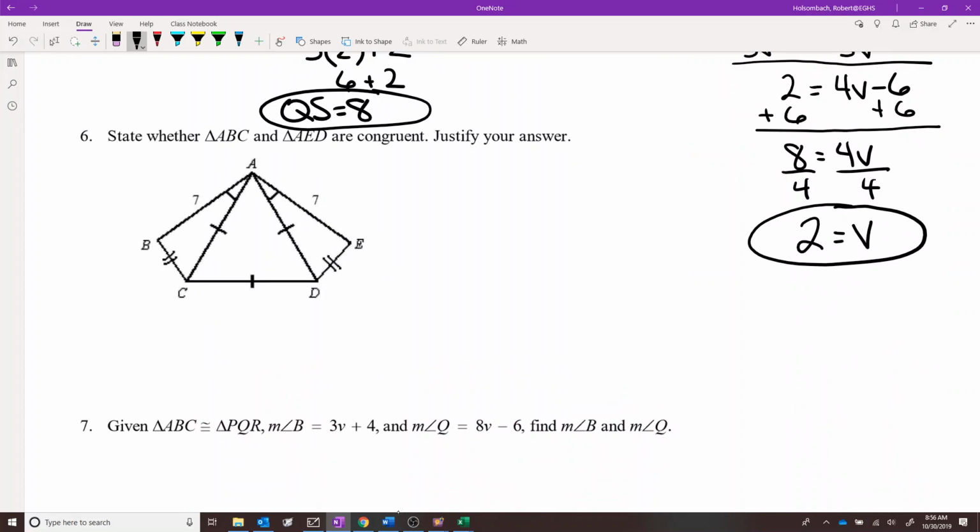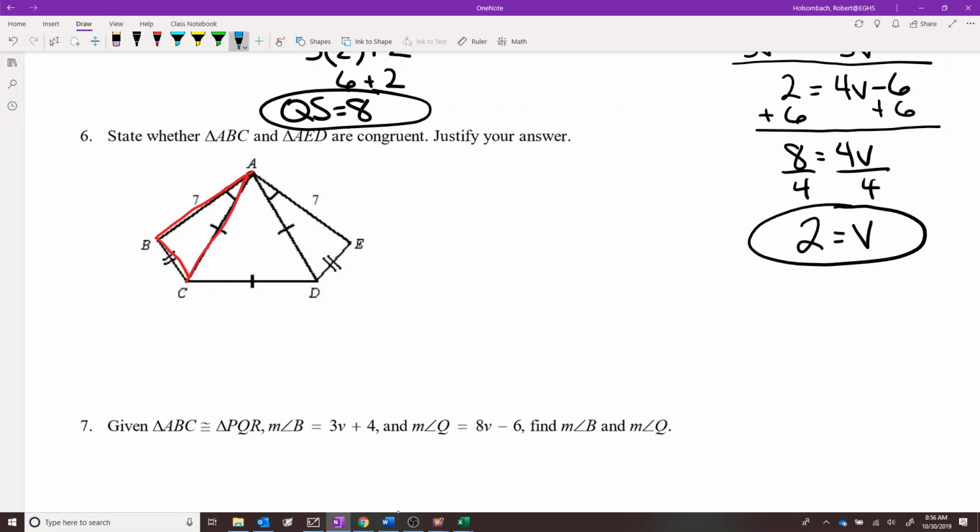Number 6, ask you to state whether triangle ABC and triangle AED are congruent. Justify your answer. So let's look at triangle ABC. It's right here. Triangle ABC is right there.